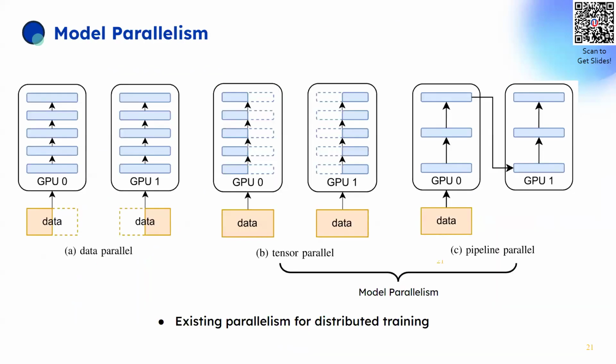Okay, so now let me talk about the second part, the tensor algorithm and the pipeline algorithm. The professional name is model parallelism. So why is it model parallelism? Because for data parallelism, we just touch the data.